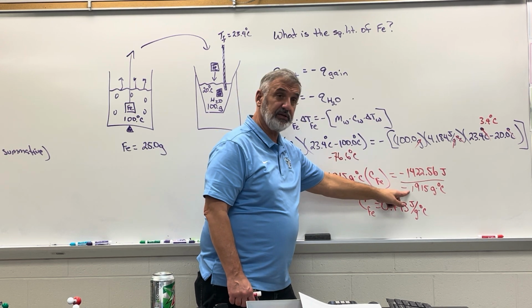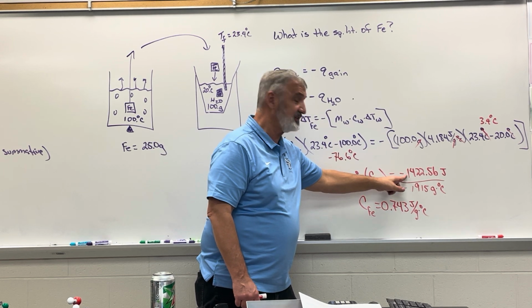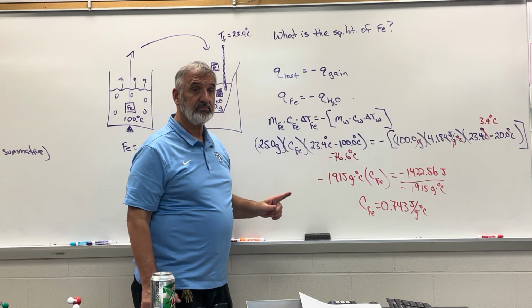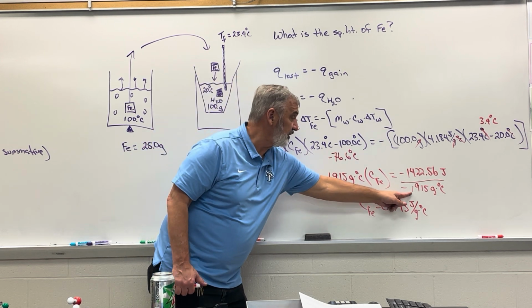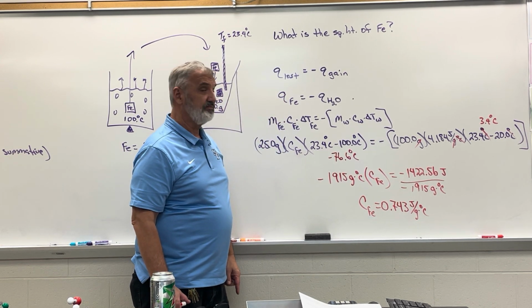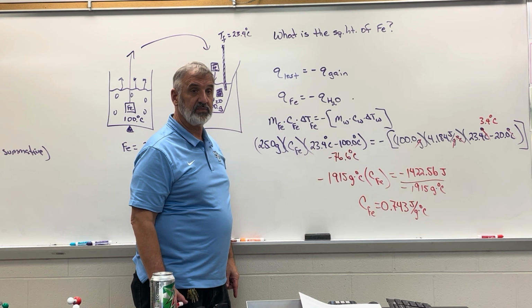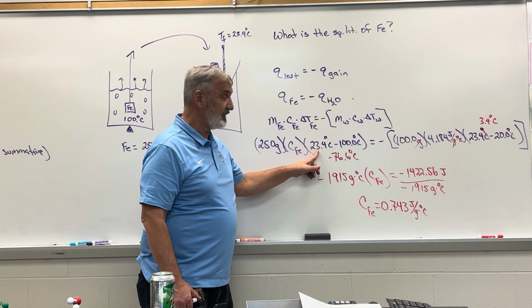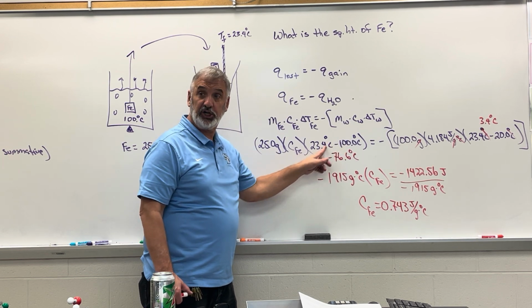So what does that mean about this number? It needs to be bigger. And what about this number? It needs to be smaller. So how do I do that? How do I make this number bigger? Make T final smaller, because that's going to make this difference bigger.